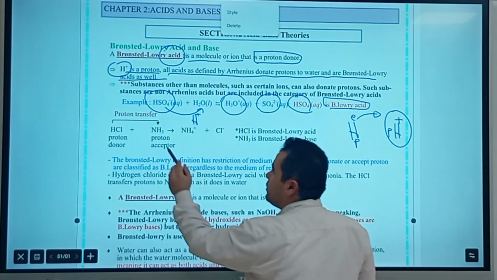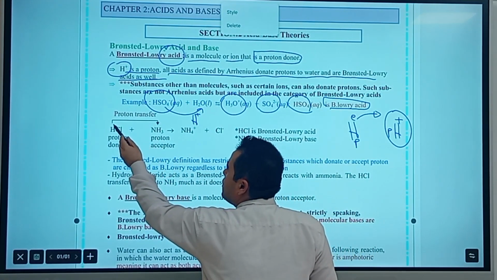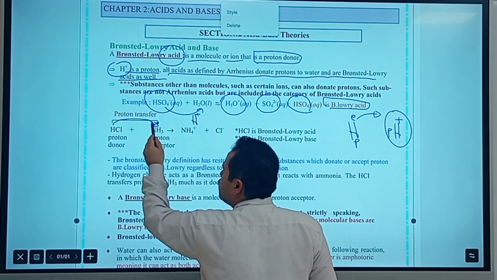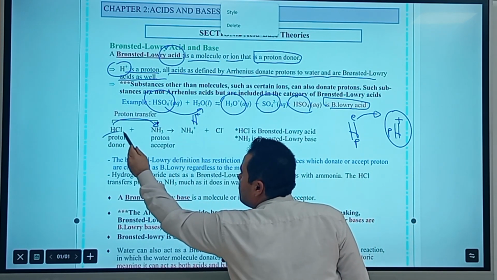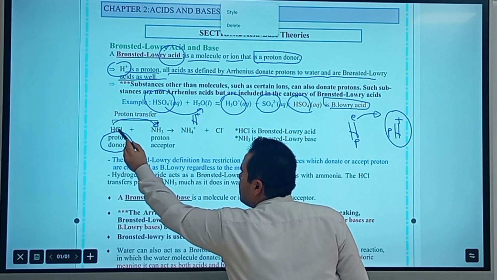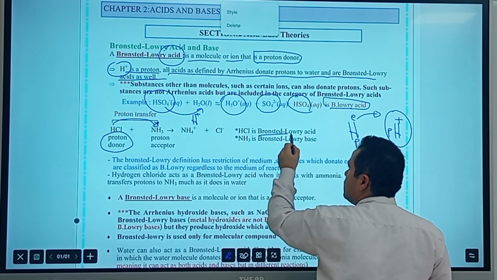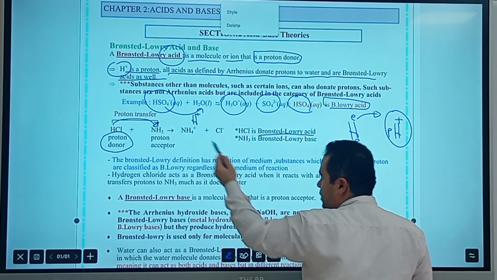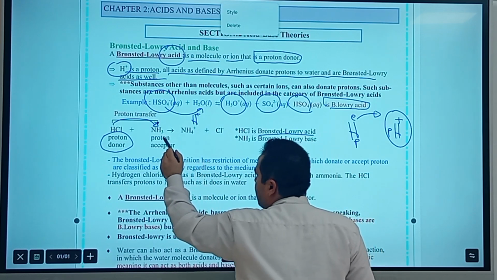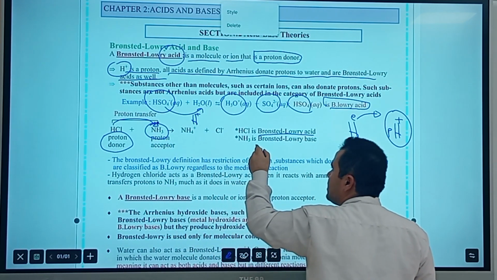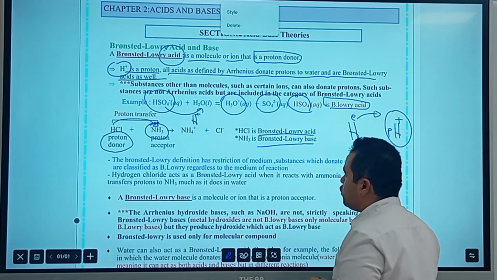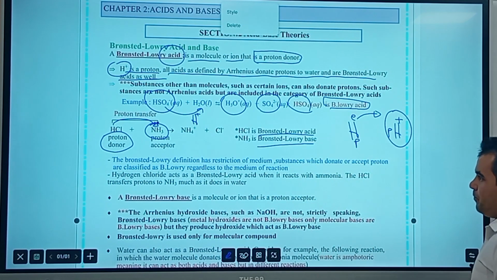And have a look at this example, guys. Here HCl is donating a proton, or transferring a proton, to ammonia. So the HCl is a proton donor and becomes a Bronsted-Lowry acid. Also, here we have the ammonia, and the ammonia is a proton acceptor, so it becomes a Bronsted-Lowry base.